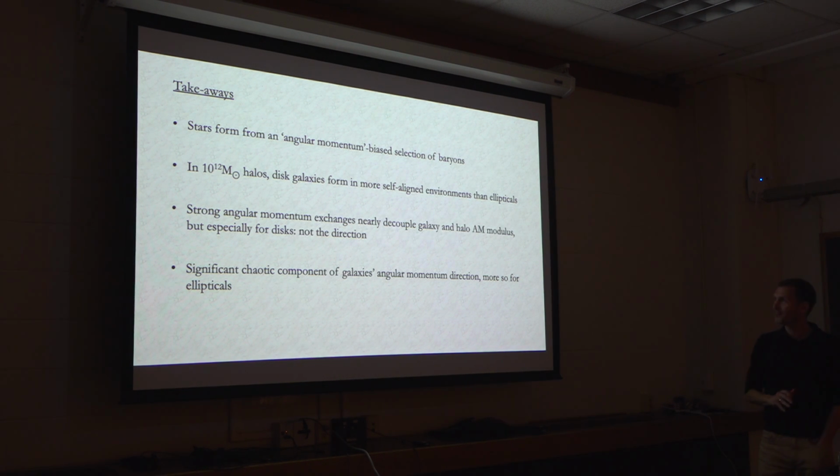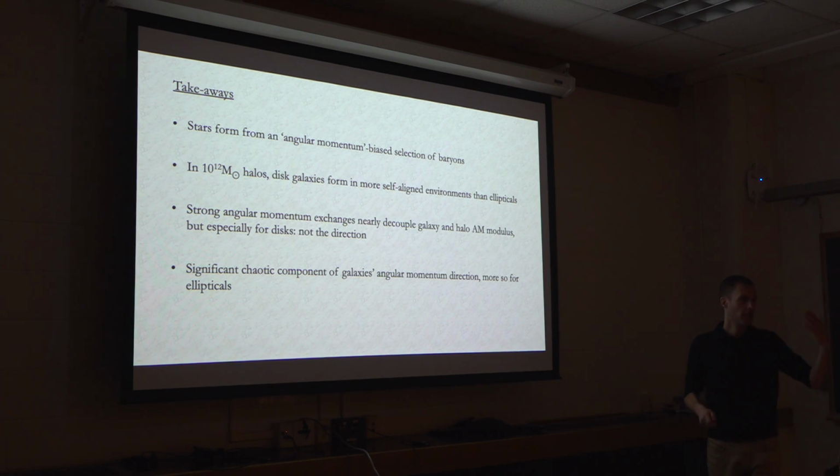Some simple takeaway messages. Stars don't form from a fair sample of dark matter in the initial conditions in terms of their angular momentum. It's a biased sample in the Lagrangian patch. These galaxies form in a more self-aligned environment. Their halos, the dark matter in the halos, as well as in their large-scale environment at the turnaround time, is more self-coherent.